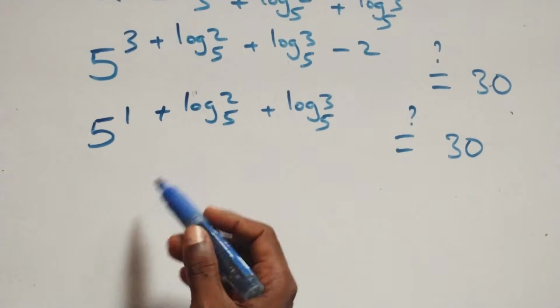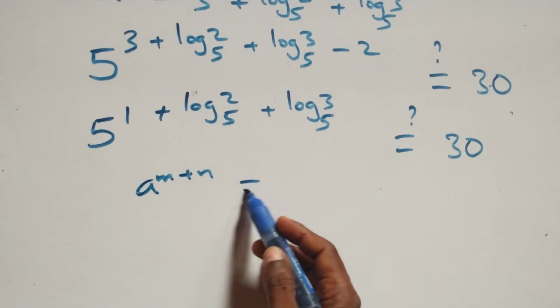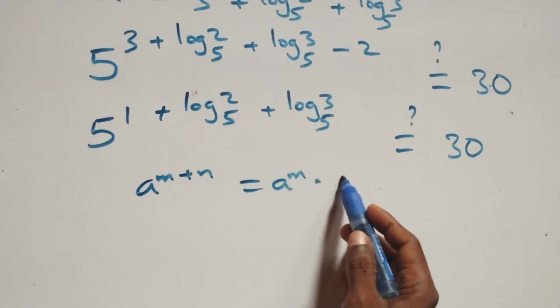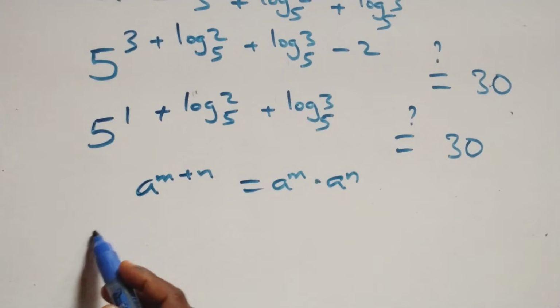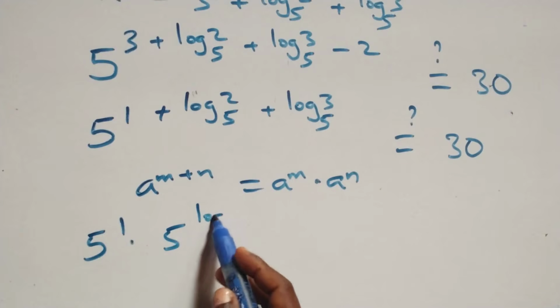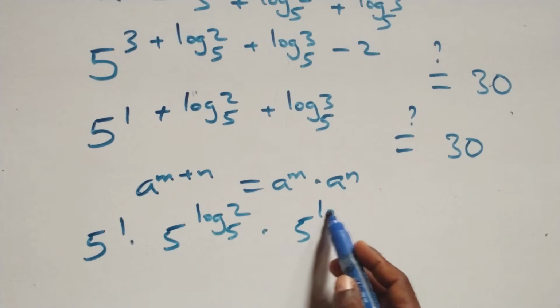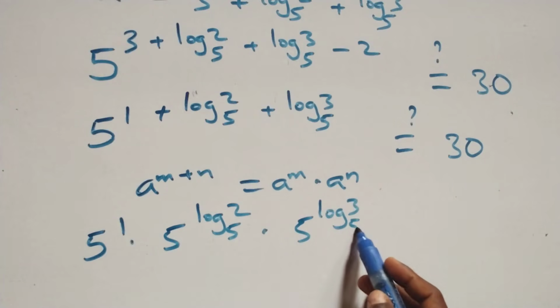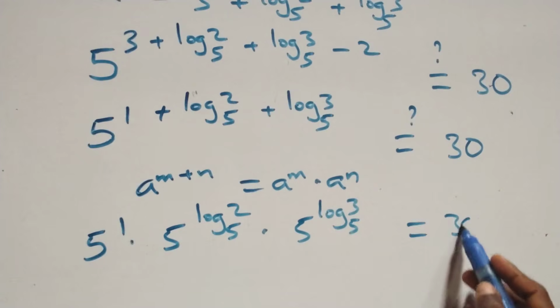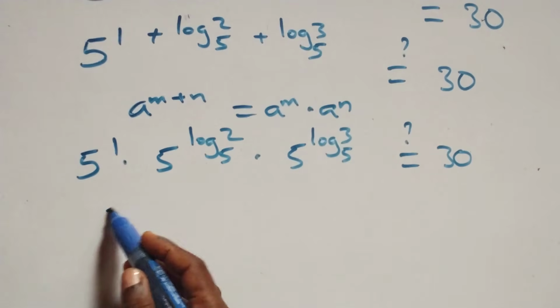Then here we apply the law of indices: a raised to power m plus n is the same thing as a raised to power m times a raised to power n. Here we have 5 raised to power 1 times 5 raised to power log 2 base 5 times 5 raised to power log 3 base 5, equals 30 on this side. Then 5 raised to power 1 here, that's 5.